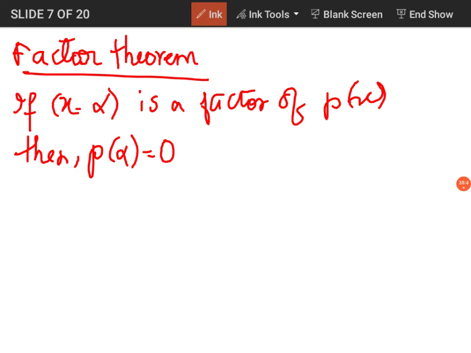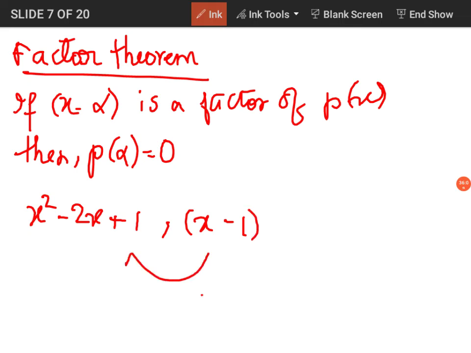For example, say I have a polynomial x square minus 2x plus 1, and I ask you to see if x minus 1 is a factor of this. Now how will you check that?